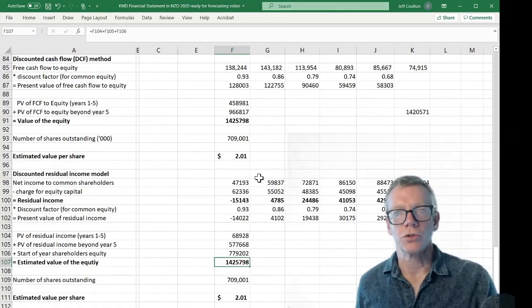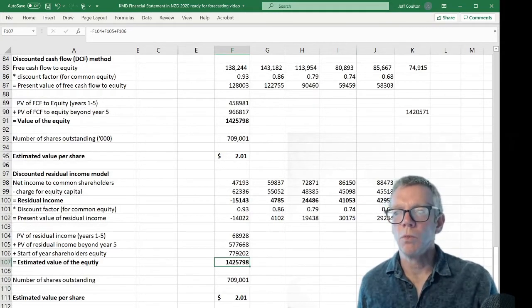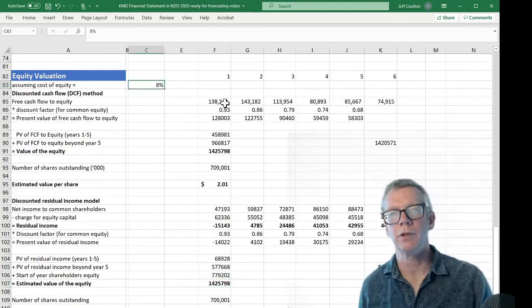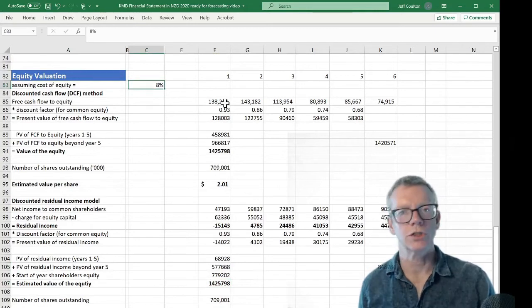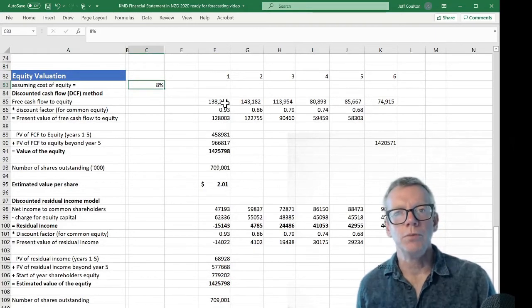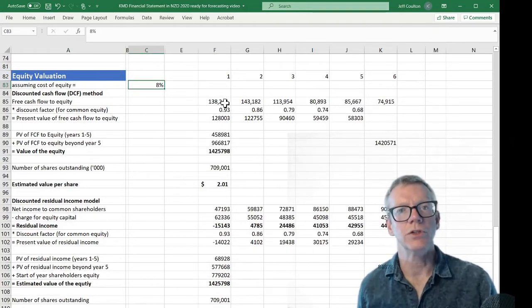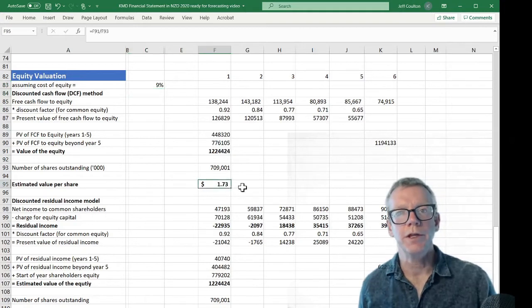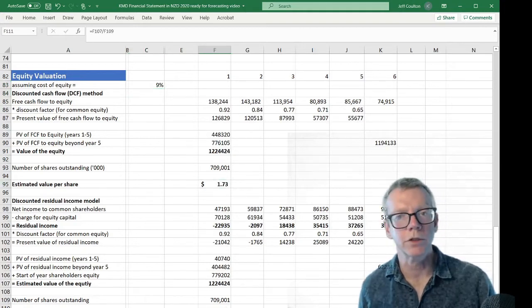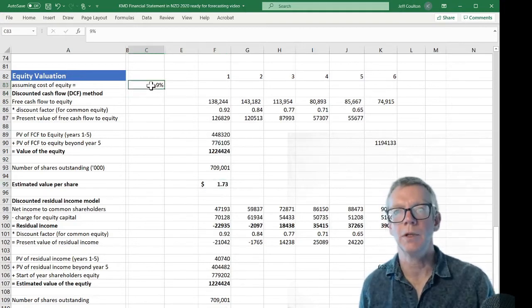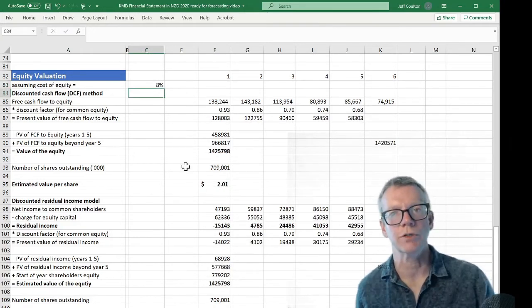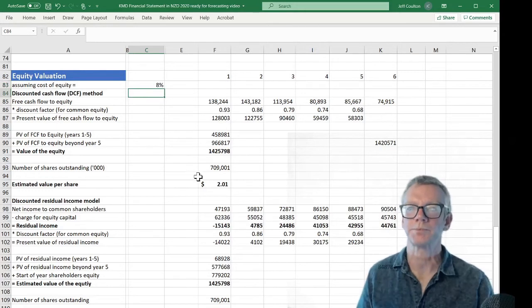The next thing you want to do just to check is we can make sure that if we change our cost of capital assumption, let's just change this to 9%, the value per share for free cash flows and for residual income should still be the same. Let's see what happens. $1.73 for free cash flows, $1.73 for residual income. So we're confident that we've got the mechanics of the spreadsheet set up correctly.